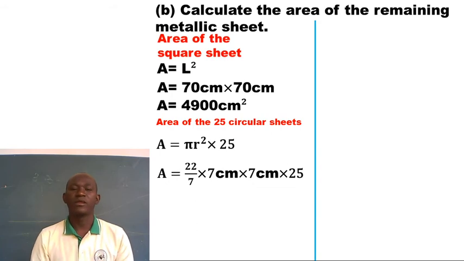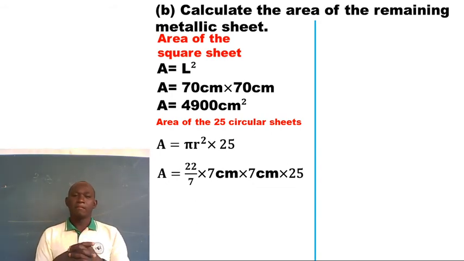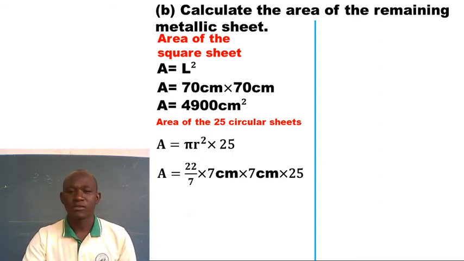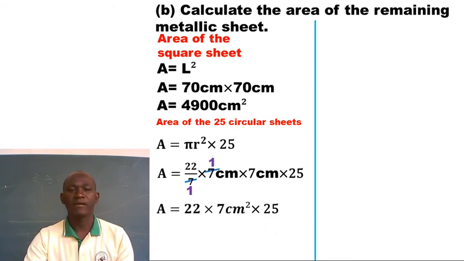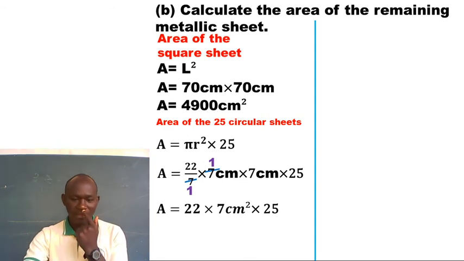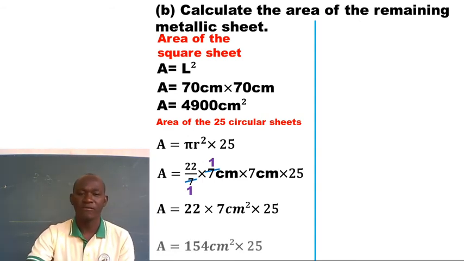So we have 22 over 7 times 7 centimeters times 7 centimeters times 25. Why do I have that? 7 is our radius, and we shall not divide again by 2. So 7 divided by 7 is 1, 7 divided by 7 is 1. So I have 22 times 7 square centimeters times 25.